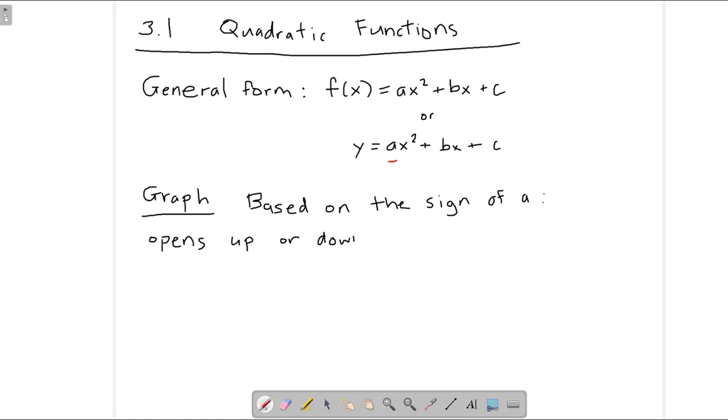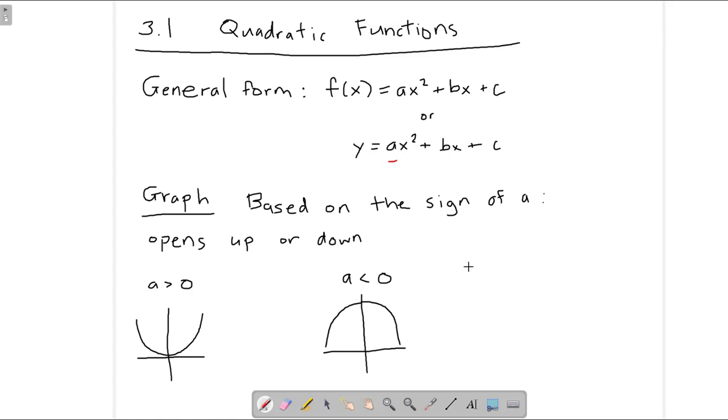If a is positive, if a is greater than 0, then you have that upward facing bowl shape like this. And if a is negative, you have the opposite thing. You have your downward facing bowl.